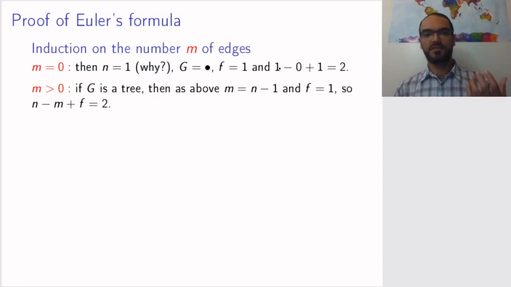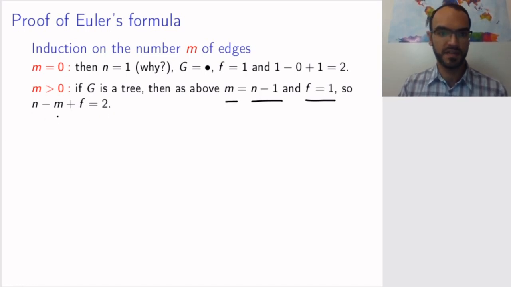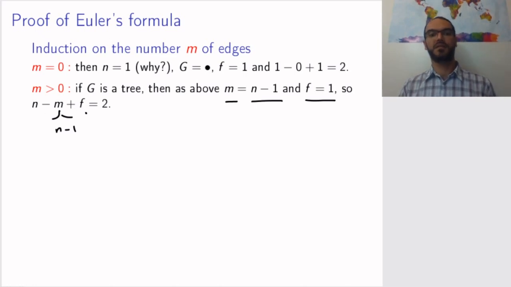So if our graph is a tree with m edges, then as we just saw, the number of edges is the number of vertices minus 1, and we only have the infinite face. So in that case, n minus m plus f, since this is n minus 1, the n's will cancel, and since this is 1, we get 2. So if our graph is a tree, we don't even need the induction hypothesis.